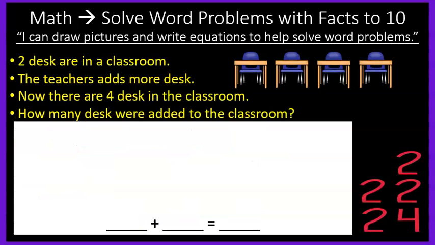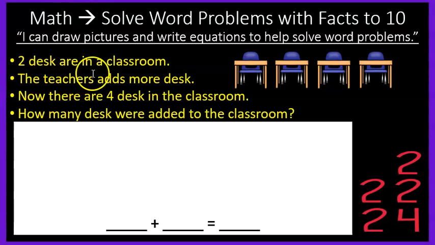Here we go. Now look at this slide. Same thing, okay? We're going to have to read this whole word problem to figure out what we're working with here. Now, let's read this whole thing and then let's break it apart. Here we go. 2 desks are in a classroom. Let's read the next line.